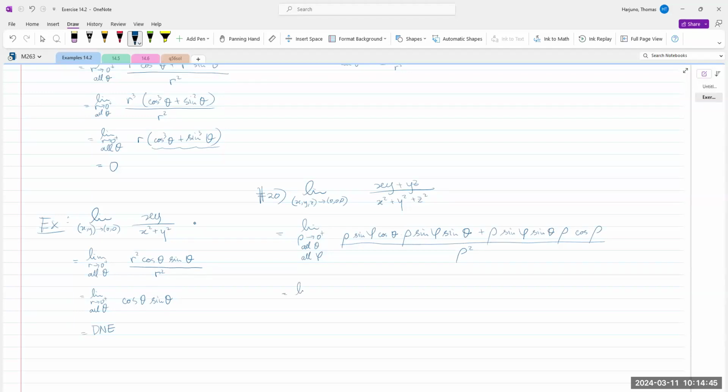Now notice that in the numerator, we can factor the rho squared out, and in the next step, as we expect, we can cancel the rho squared.